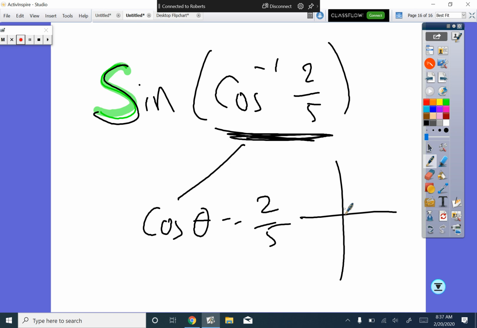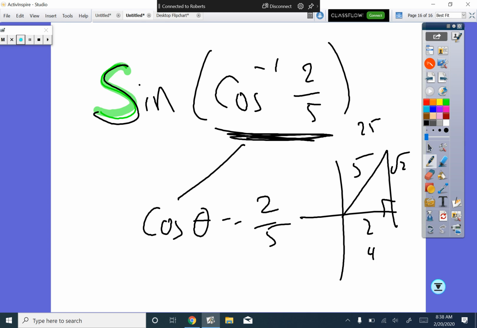So I'm drawing that triangle. Here's 2, here's 5. Then we do a good old Pythagorean theorem. It won't be 3. So this is 25, this is 4, because I'm doing Pythagorean theorem backwards.